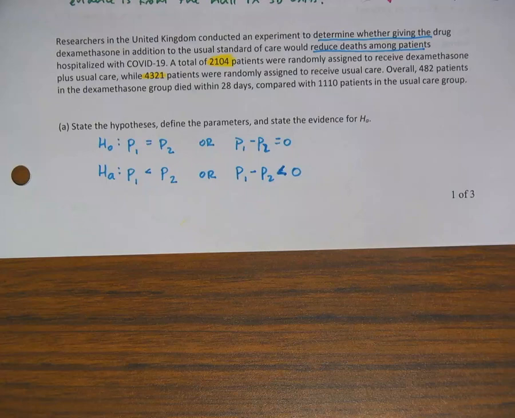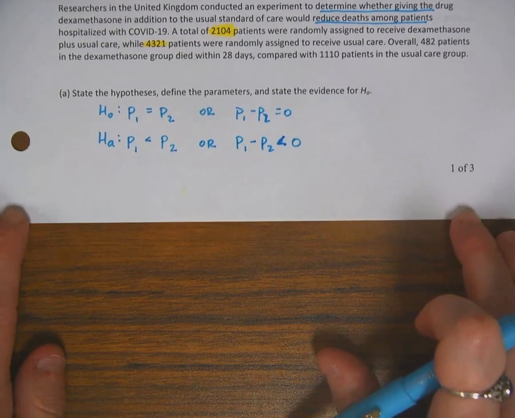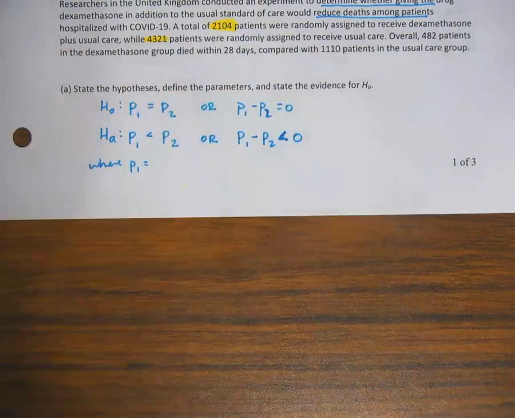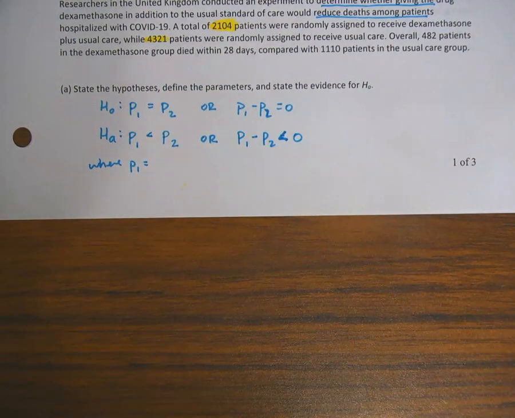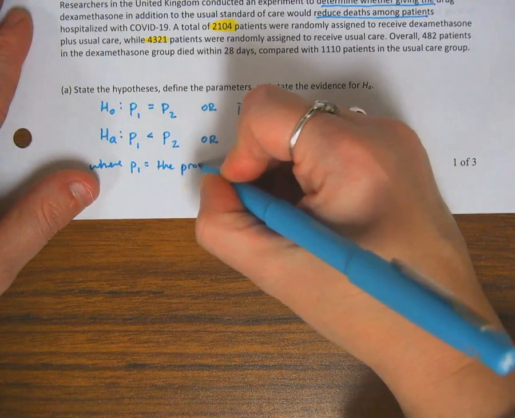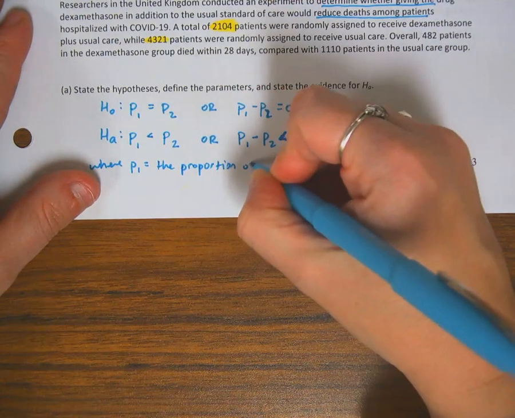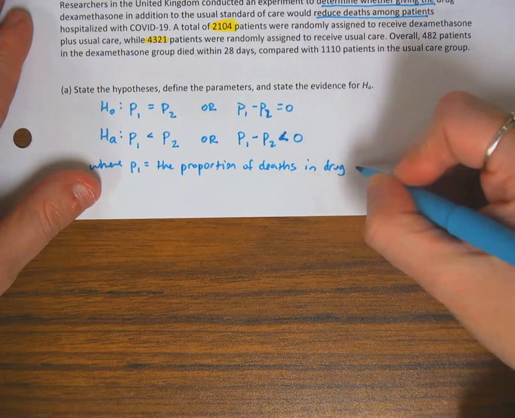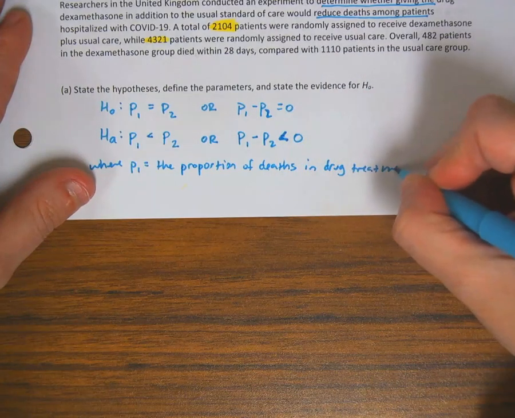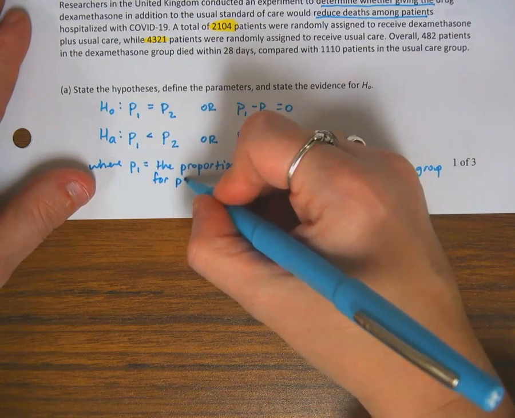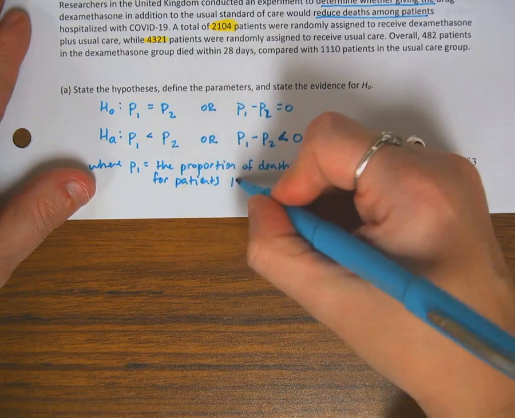Now, here's where we have to define the parameters. Where P1 is the proportion of deaths in the drug treatment group for patients like these, or subjects like these.